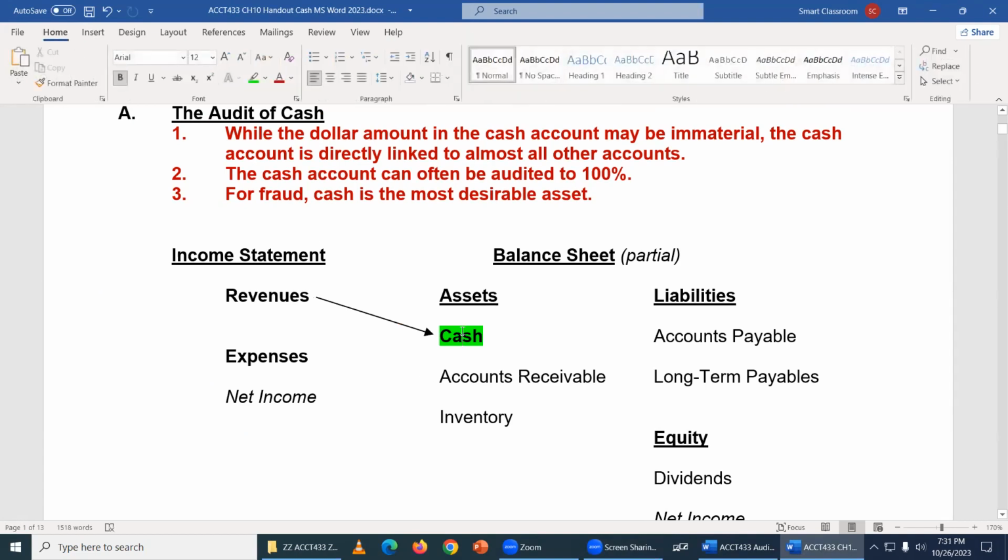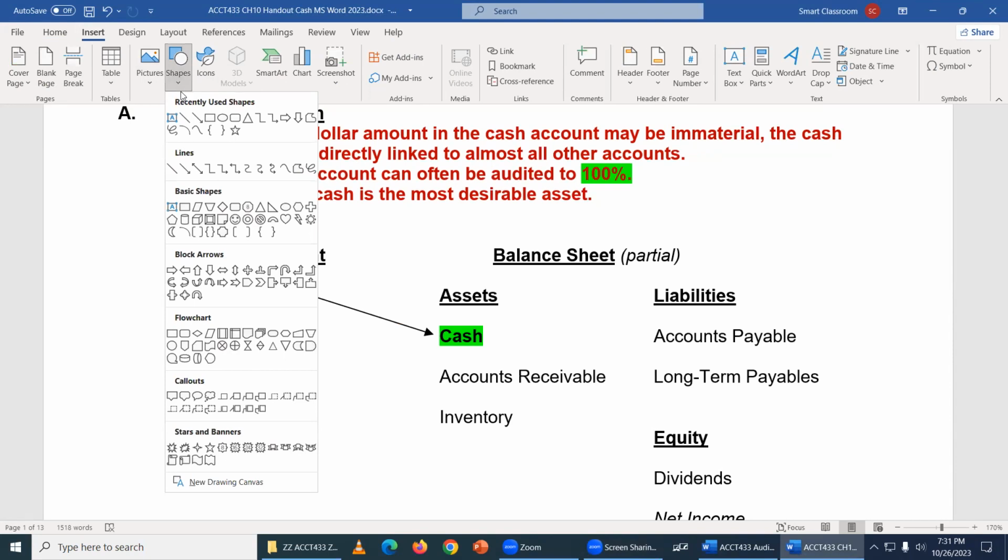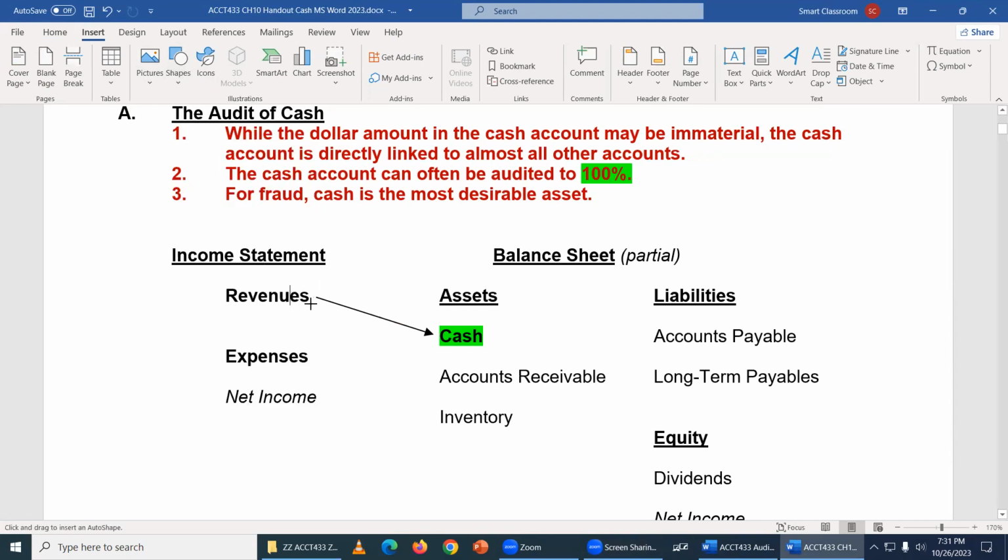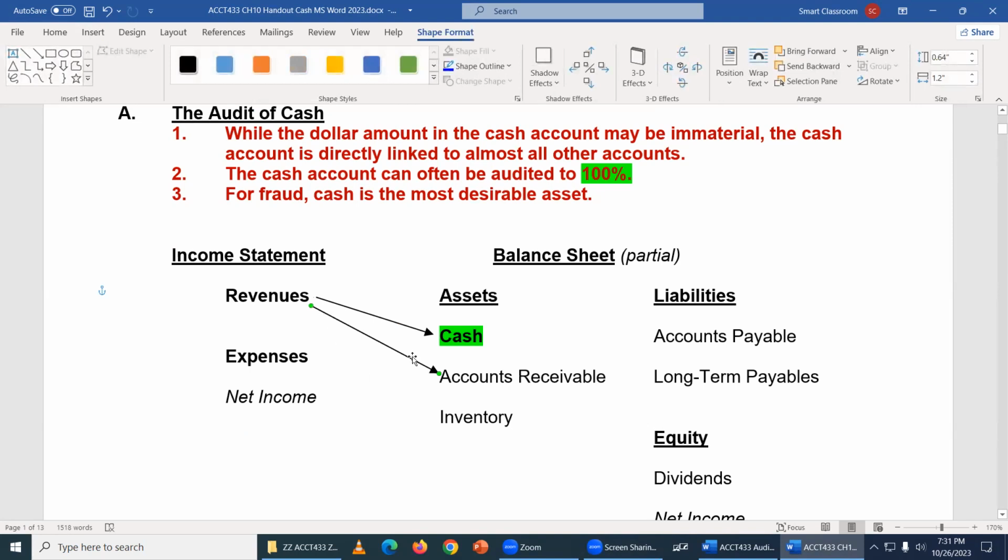So while you're proving this cash account, which you can do a lot of times at 100%, you can also be proving the revenues. Now, what about stuff that's sold on account? That goes into accounts receivable, and when those get paid off, those go into cash.